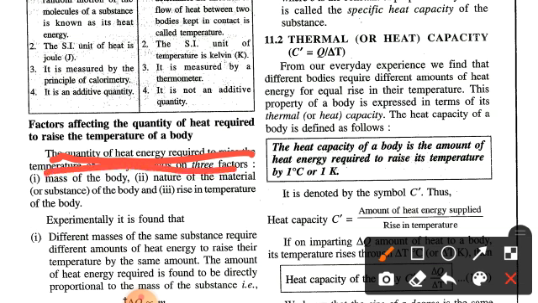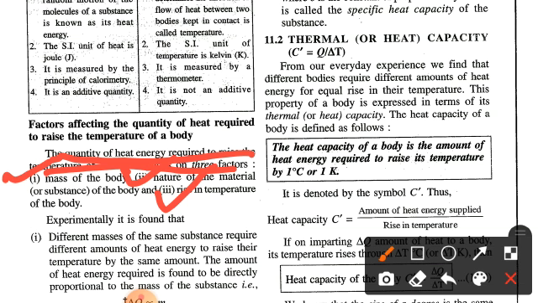The first one is the mass of the body. Clear? The second one is the nature of the material or the substance of the body, means what material you have taken so that it conducts the heat. Now the third one is the rise in temperature of the body. How much rise there is when you supply heat to the body, then what is the change in the temperature or what is the rise?